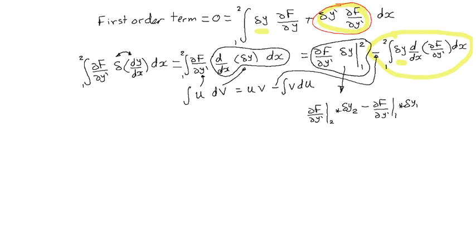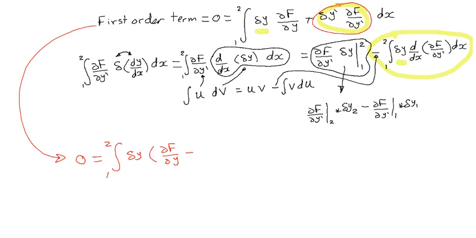So the first order term can be rewritten as 0 equal to the integration from 1 to 2 of delta y, it's a common factor, times partial f by partial y minus d by dx of partial f by partial y prime, the whole integrated with respect to dx.